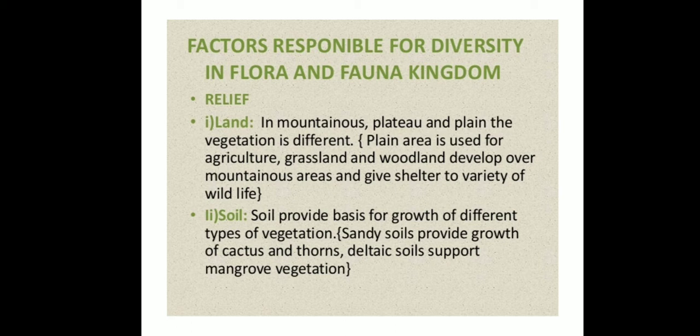Soil provides the basis for the growth of different types of vegetation. That means in some places there is sandy soil which supports the growth of cactus and thorns. Then deltaic soil, which is found in deltas, supports the mangrove vegetation.